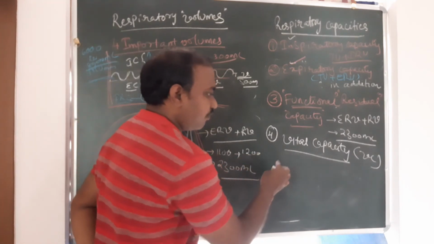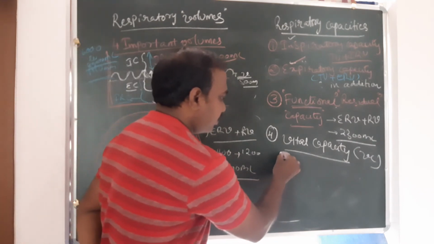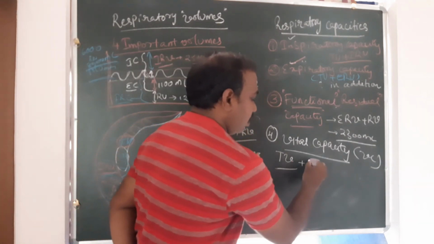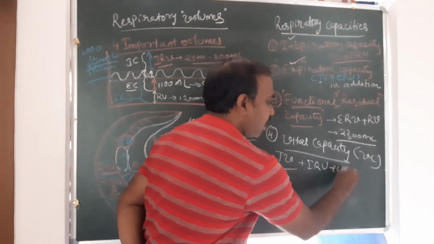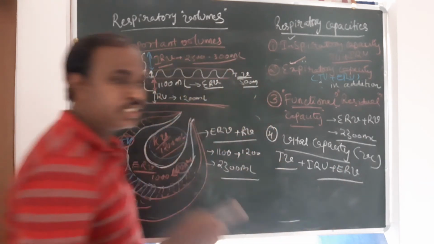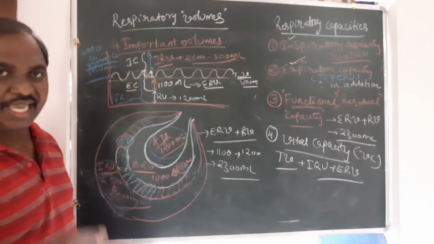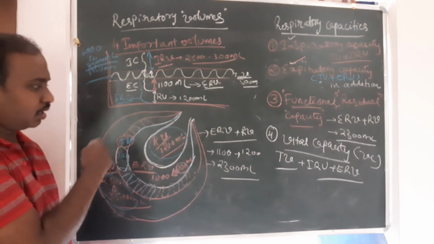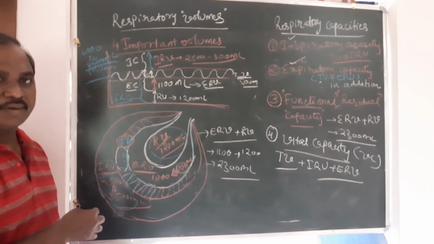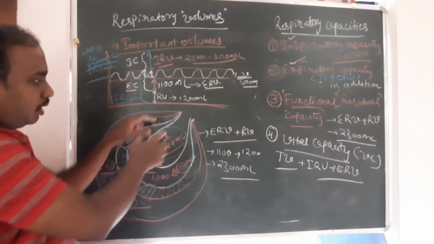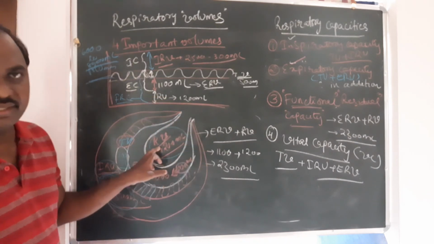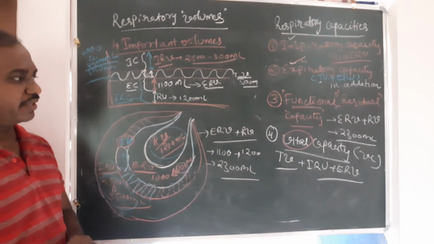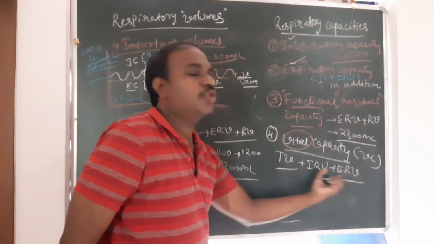Functionally there is inspiration and expiration. For inspiration at normal time we have tidal volume, in the forced time we have inspiratory reserve volume, and in the forced time we have expiratory reserve volume. Does residual volume include the active function of lungs? No, it is always there in the lungs. You cannot expel it out, nor can we increase this value all of a sudden by forcefully breathing in. The lungs function is not associated with this. That is why it is called vital capacity, because here the lungs function is associated with it.